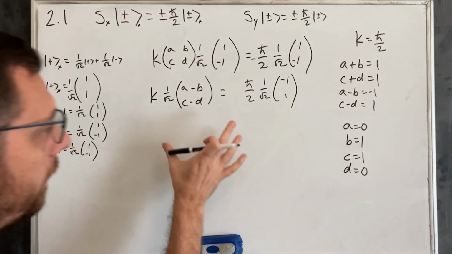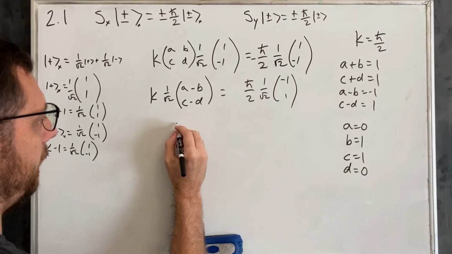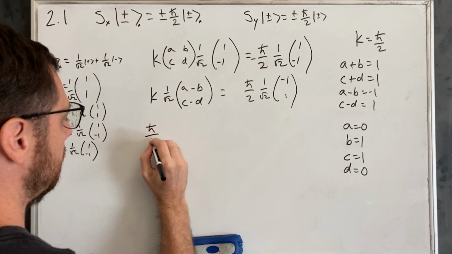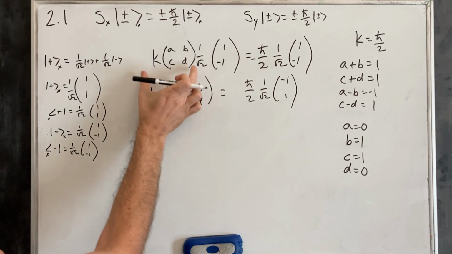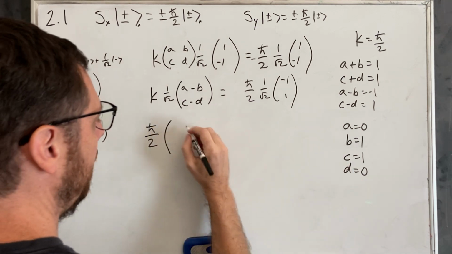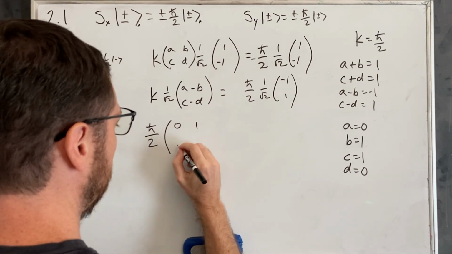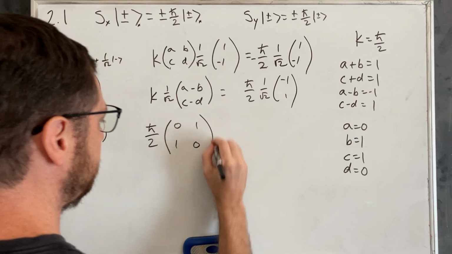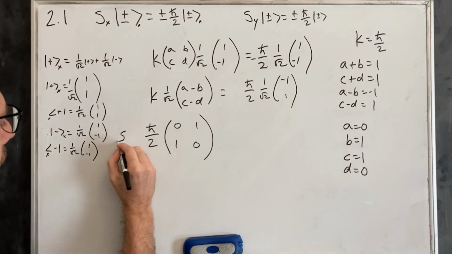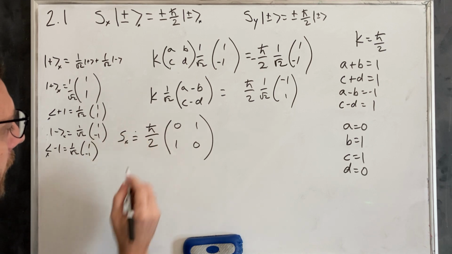All right, so now we have all of our letters here, and we have our k is h bar over 2. Remember, we use this form for our operator here. So h bar over 2 is our k, and then 0, 1, 1, 0. And that's going to be our Sx operator. So Sx can be portrayed by that.